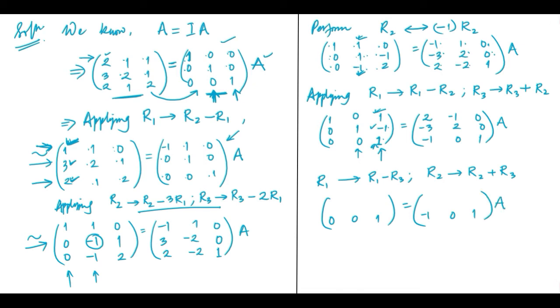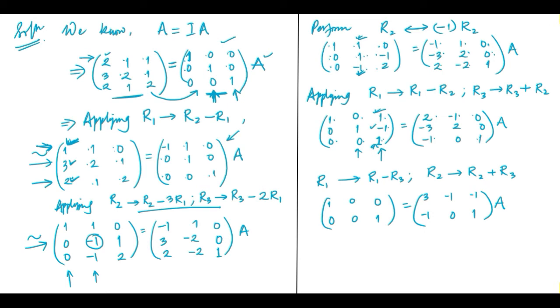Now R1 replaced by R1 minus R3. R1 minus R3: 1 0 minus 0 0 1, minus 1 0. So R1 minus R3: 2 minus minus 1 is 3, minus 1 minus 0 minus 1, 0 minus 1 minus 1.